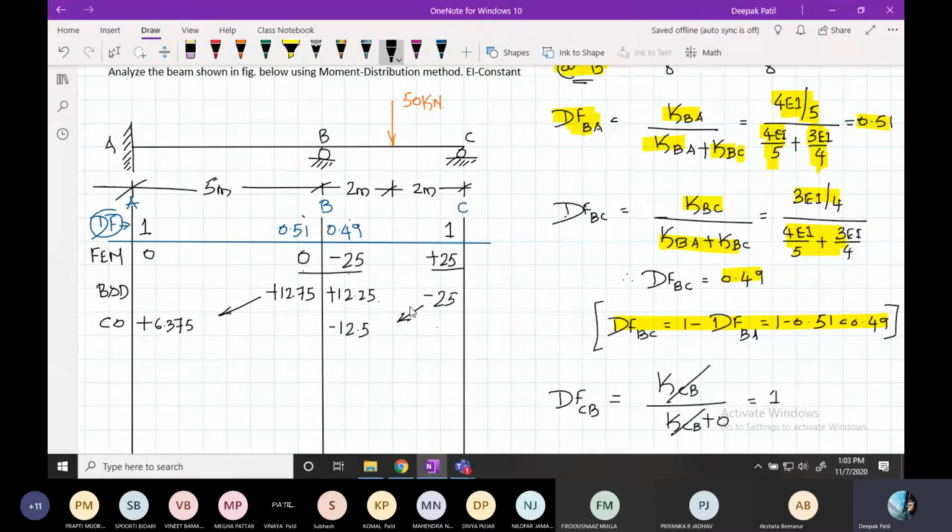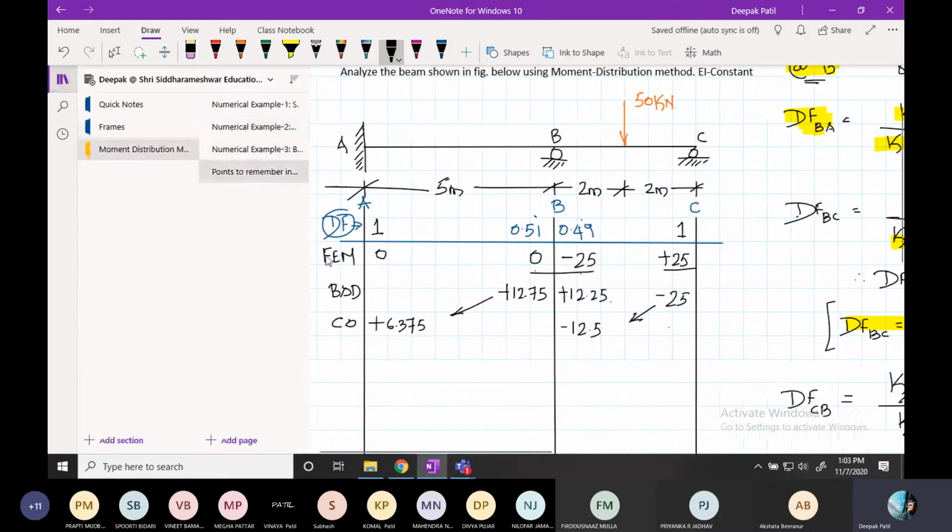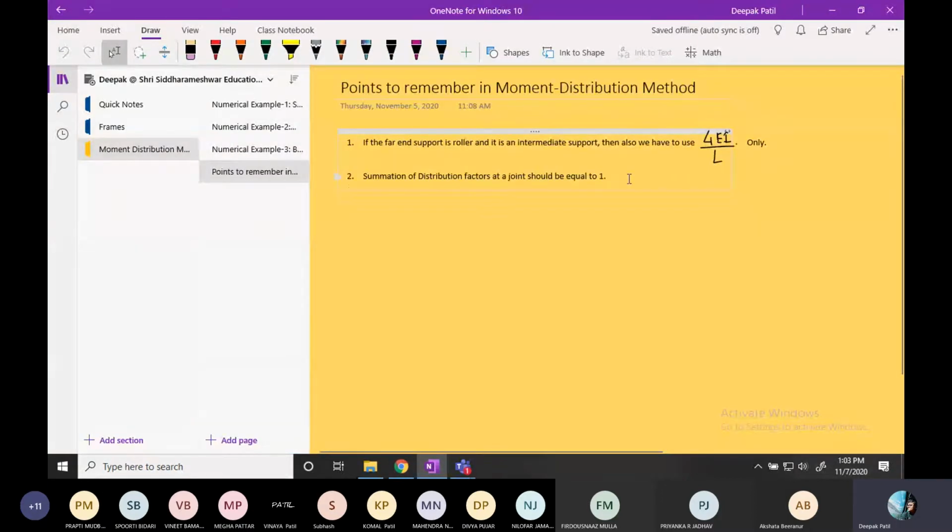Right. So why you should not carry over from B to C is that C is a roller support and it is an end support. Whenever you see an end support and it is a pin or roller support, you should not carry over. So I will write down our points to remember.